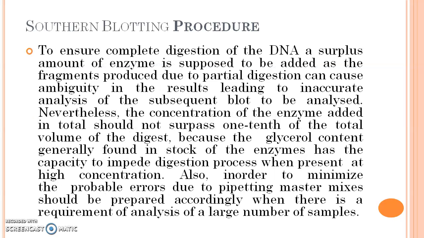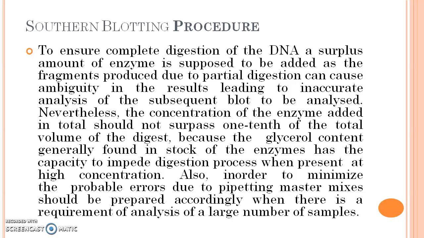-20 degrees Celsius. To ensure complete digestion of the DNA, a surplus amount of enzyme is supposed to be added, as the fragments produced due to partial digestion can cause ambiguity in the results, leading to inaccurate analysis of the subsequent blot to be analyzed.